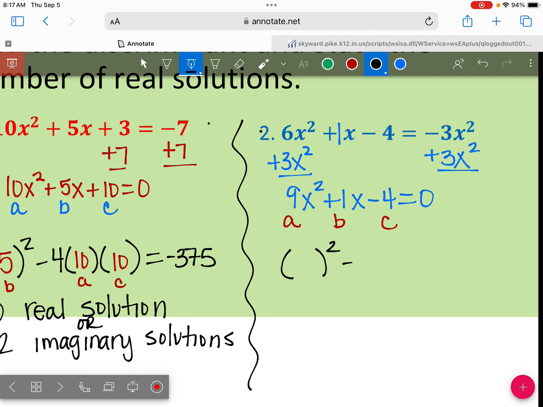So B squared minus 4AC. 1 squared minus 4 times 9 times -4. Go ahead, type that in your calculator and see what you get.